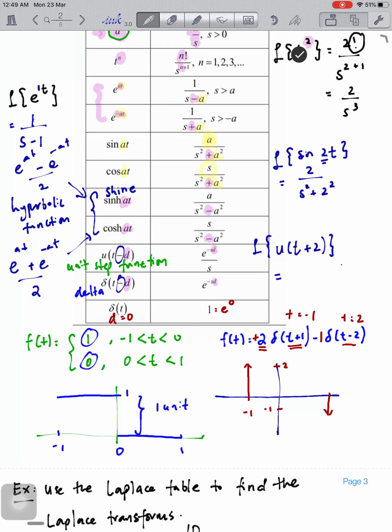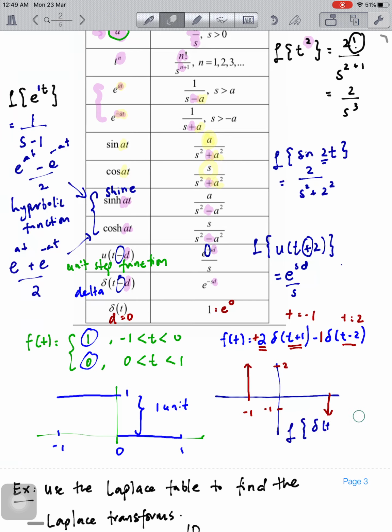So compare the left hand side and the right hand side. When this is minus, this is minus as well. So therefore when this is a plus, automatically this is also going to be a plus. So you can have exponential of sd over s, and the same goes for delta. So if you Laplace delta of t, that is simply going to be exponential to the power of sd. So it's going to be positive as well.